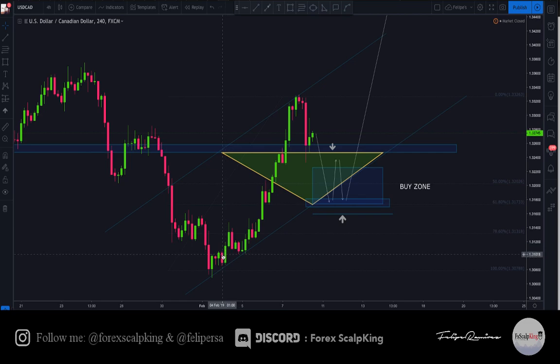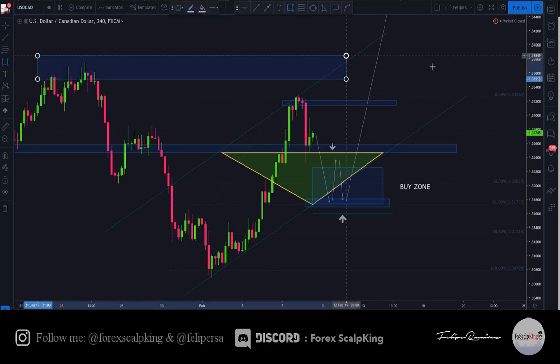Remember, if you see Elliott waves, we've got 1, 2, 3, 4, 5, A, B, C. That could be an interesting C right over here. After C is going to come a 1, a 2 over here to get those bears trapped, and then a 3 going at least to this resistance area.